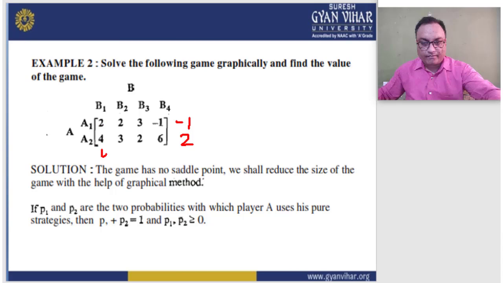Here the maximum is 4, 3, and 3. So this is the minimum function, here it is 3, and here the maximum is 2, and both are not equal.